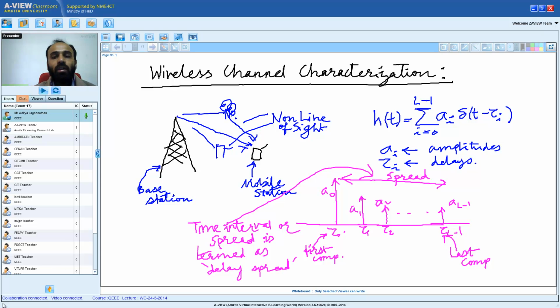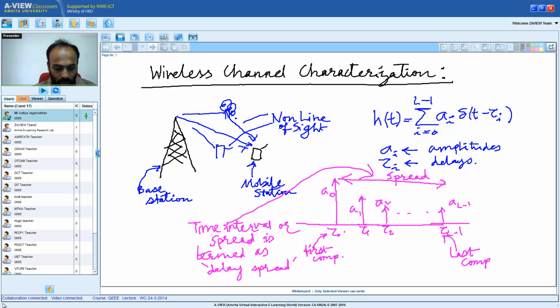Right? Delay spread is basically the time interval over which these various components are arriving. This finite time interval over which the different components are arriving, this is termed as the delay spread.